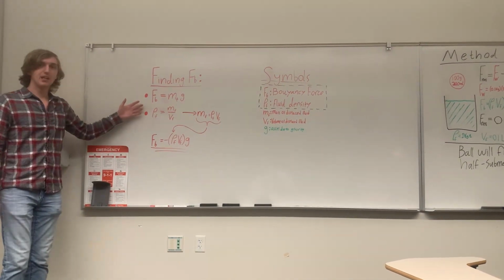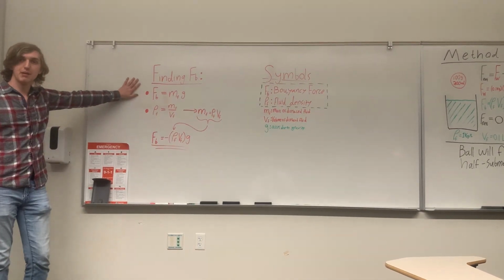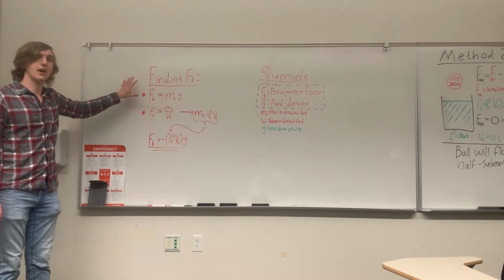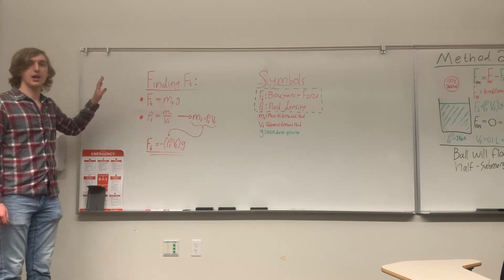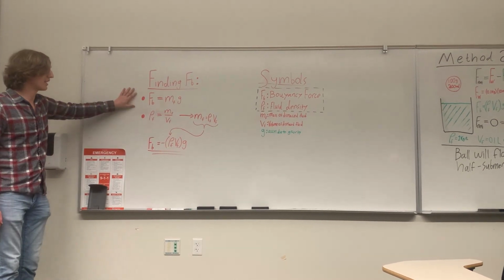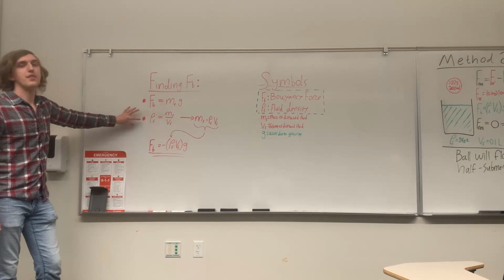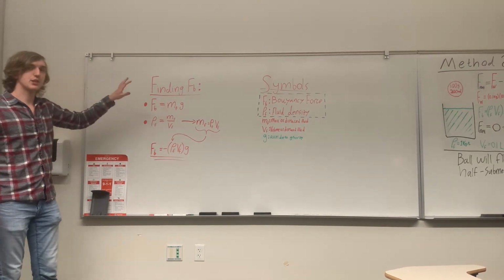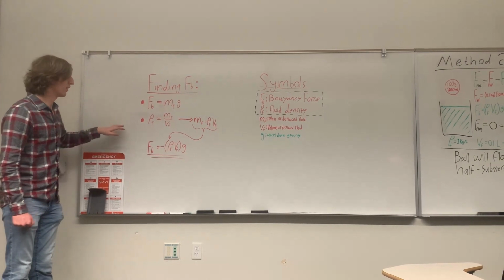We start with our two main equations. F equals ma, or in this case, the force of buoyancy equals the mass of displaced fluid times the acceleration due to gravity, and the density equation, rho equals the mass of the displaced fluid over the volume of the displaced fluid.